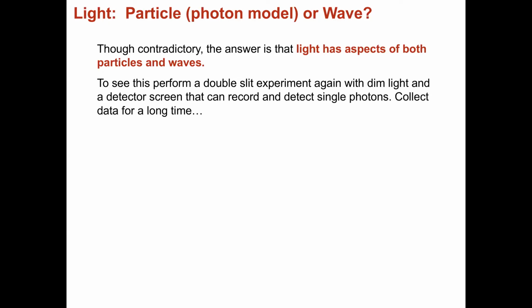If you shine it through a double slit aperture, it diffracts and interferes and gives you an interference pattern of bright and dark fringes on the screen. This is the way we know that something's a wave.